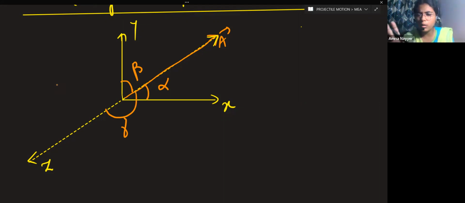I hope I don't need to write that; you'll be able to figure it out. All the axes x, y, z are making angles with the vector A, which are alpha, beta, gamma, respectively.